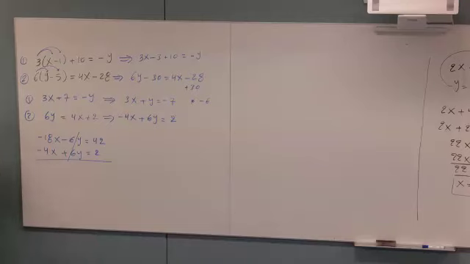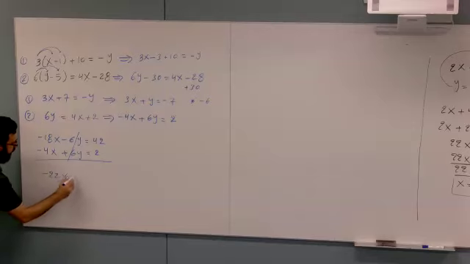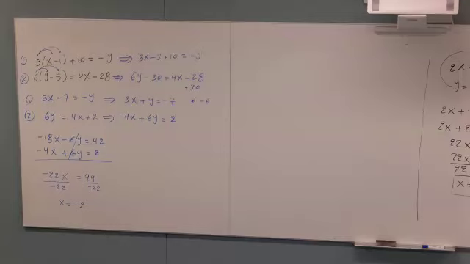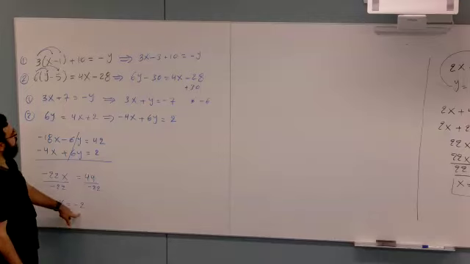Cancel these. -18 minus 4, -22x equal 44. Divide both sides by -22. How much is the value of x? 2/7. I got the wrong one. So -2. Now plug in -2 where?